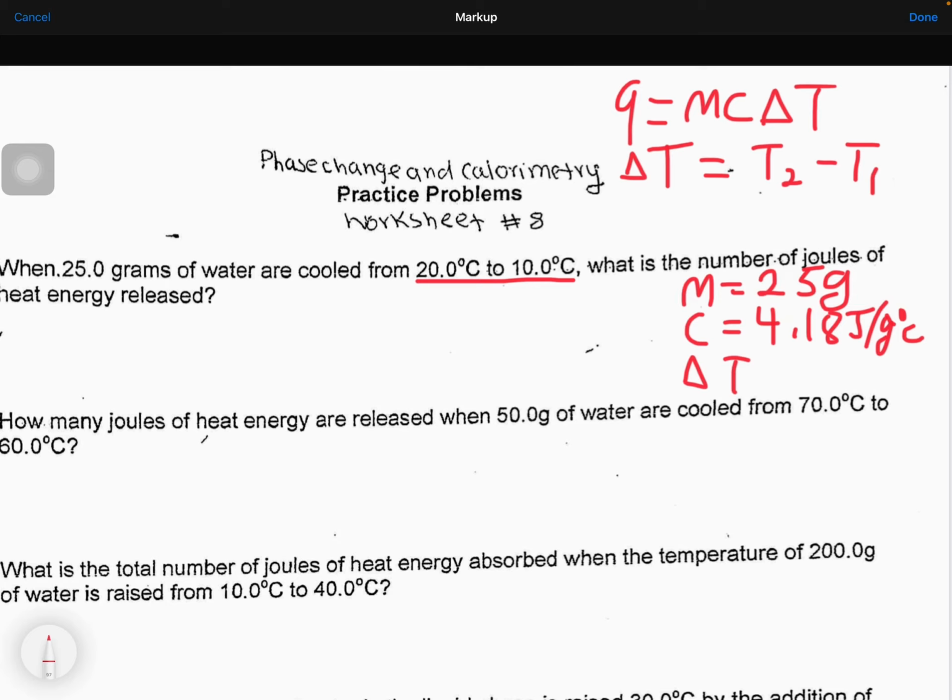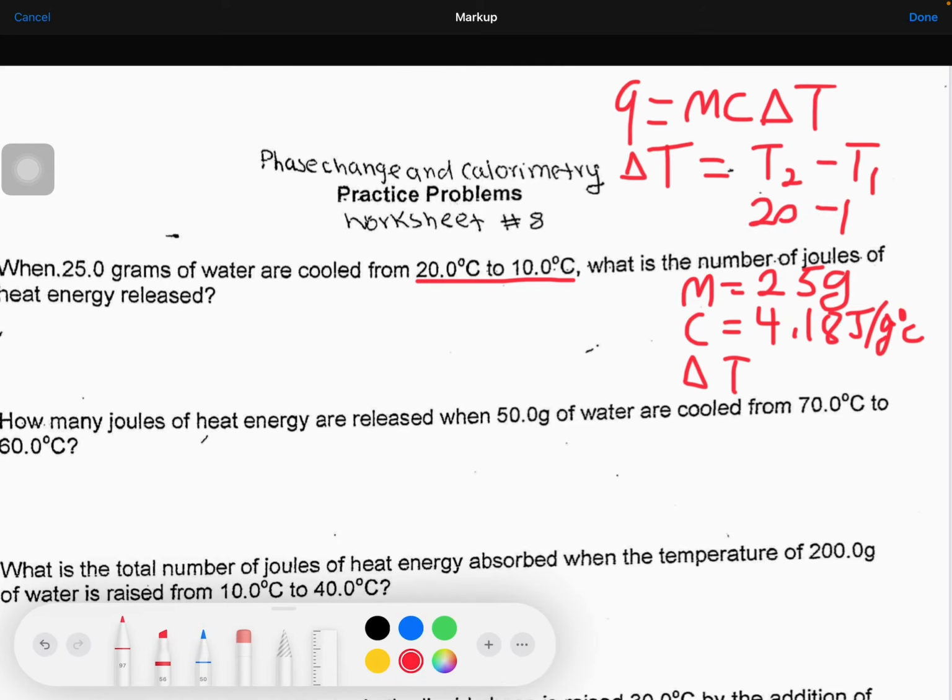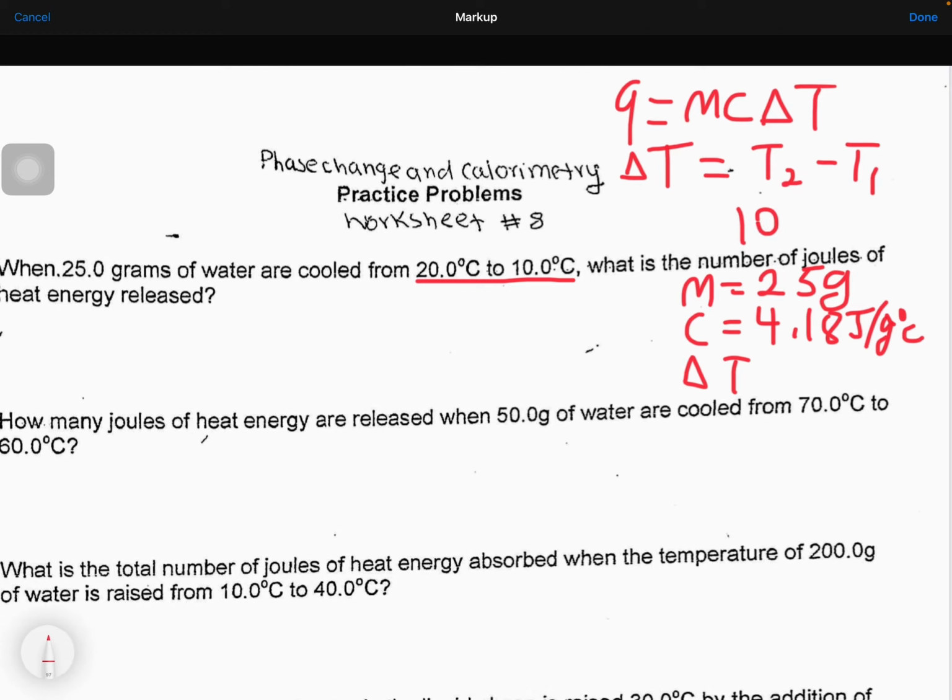So in this case it is 10 minus 20, because the 10 is our final temperature. That comes out to negative 10, our change in temperature, negative 10 degrees Celsius.